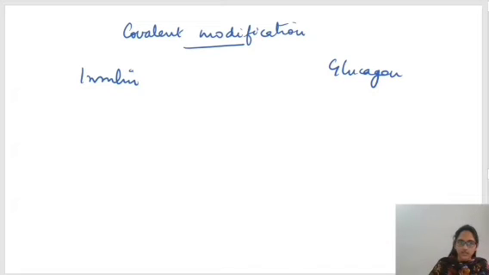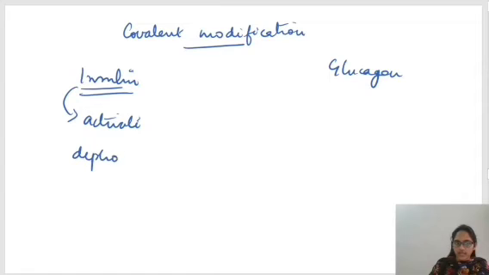Whichever pathways are stimulated by insulin, insulin will activate the enzymes by dephosphorylating them. In other words, the enzymes are active in the dephosphorylated state.